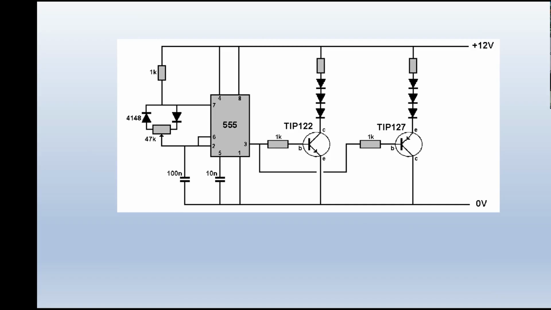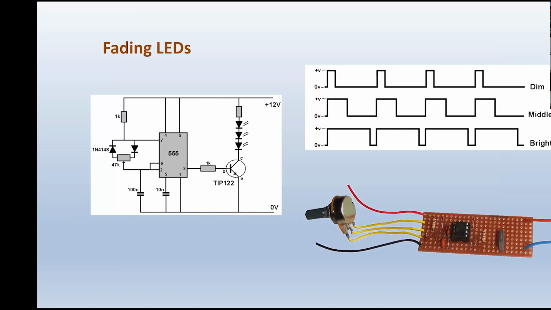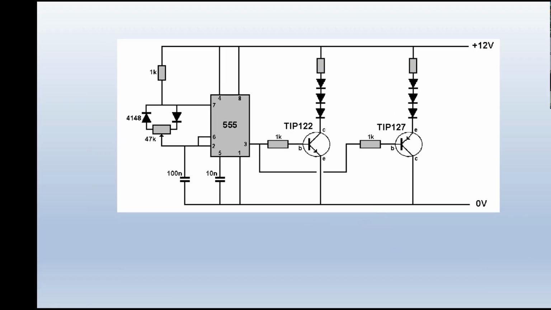Why is that useful? Well, that means you can have a daylight strip and a nighttime strip. And you can gradually use the pot to switch between day and night and then back to day again, manually. So you can take the standard bit and add in a few more components.